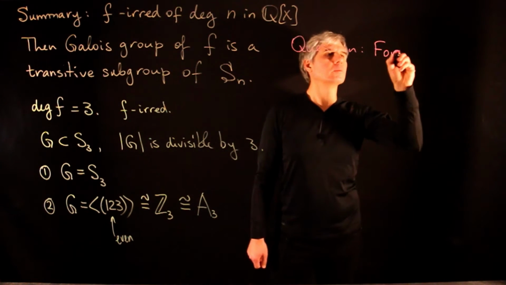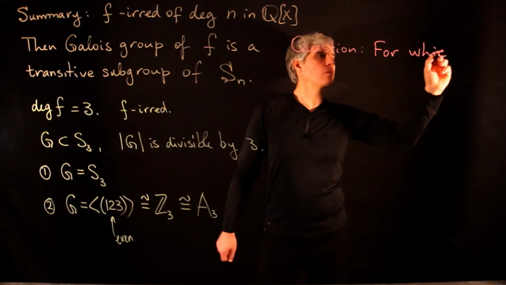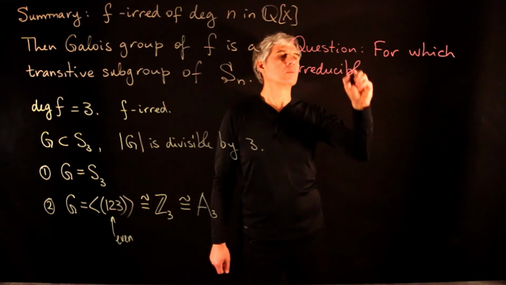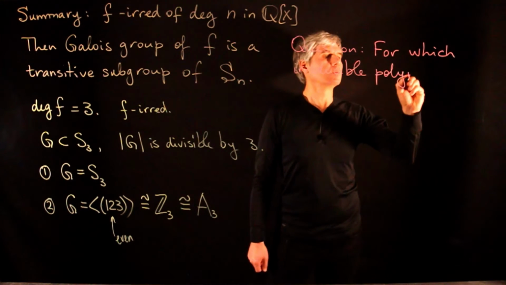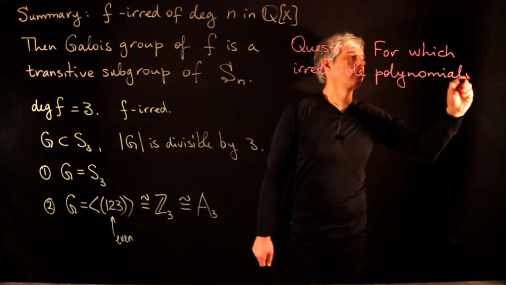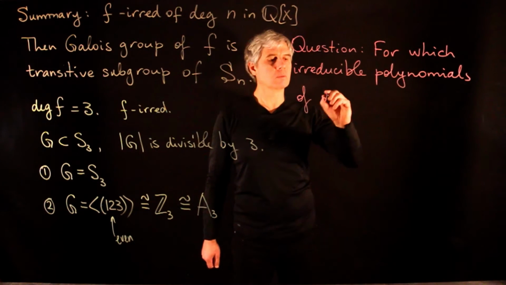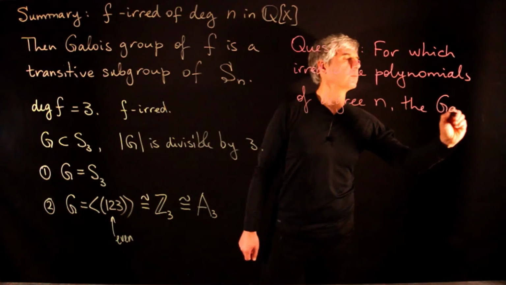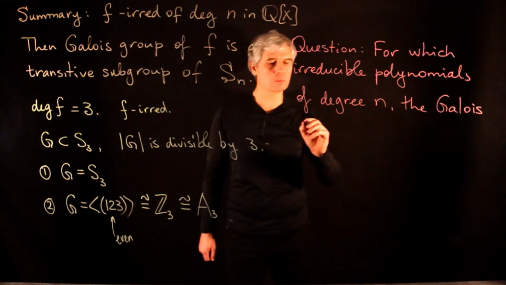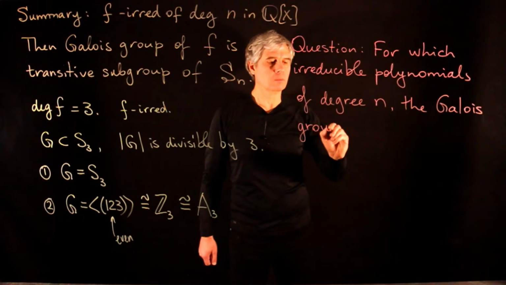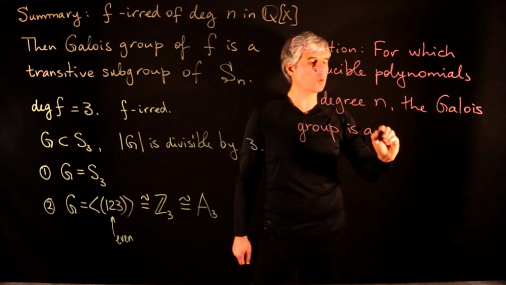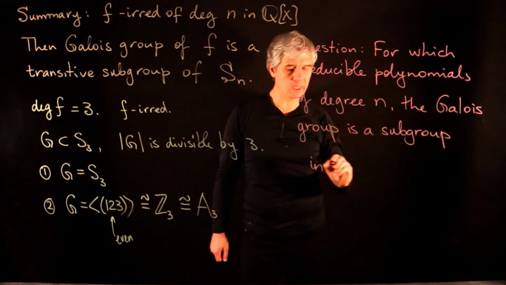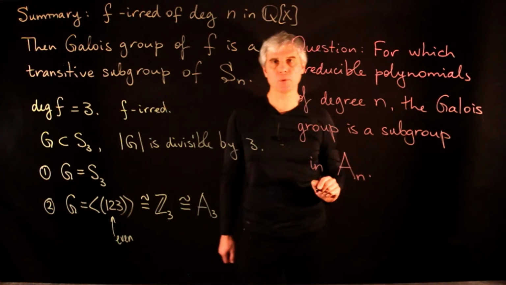For which irreducible polynomials of degree n is the Galois group a subgroup in the alternating group An of even permutations?